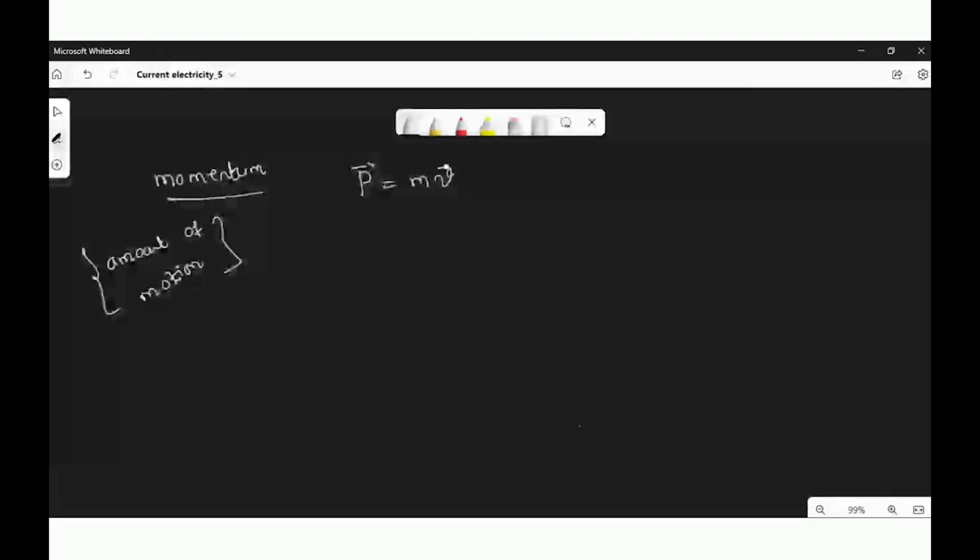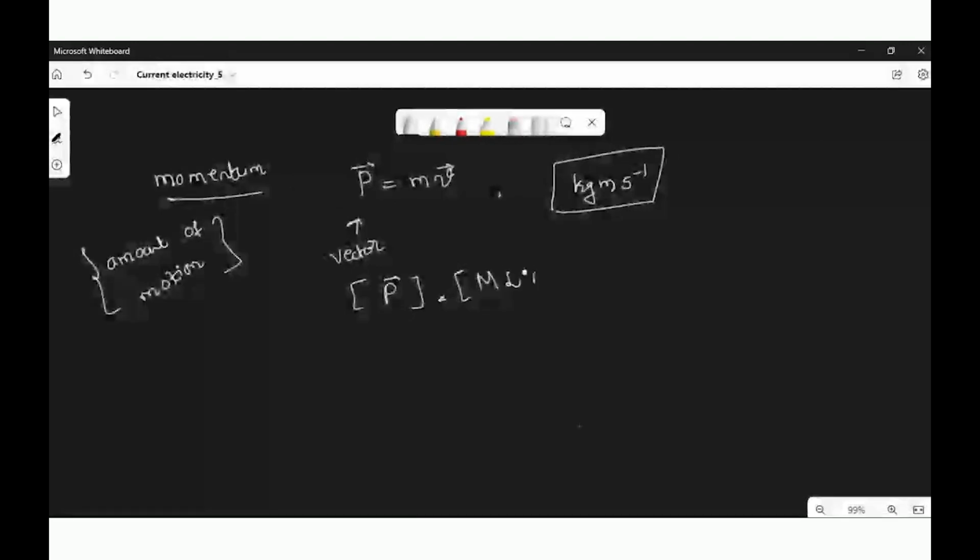So by default, momentum is also a vector quantity, and the direction of momentum is along the direction of velocity itself. The unit of momentum: mass is kg, velocity is meter per second, so you get kg meter per second. Can you tell me the dimensions of momentum? MLT minus 1. So the dimension of momentum is MLT minus 1.